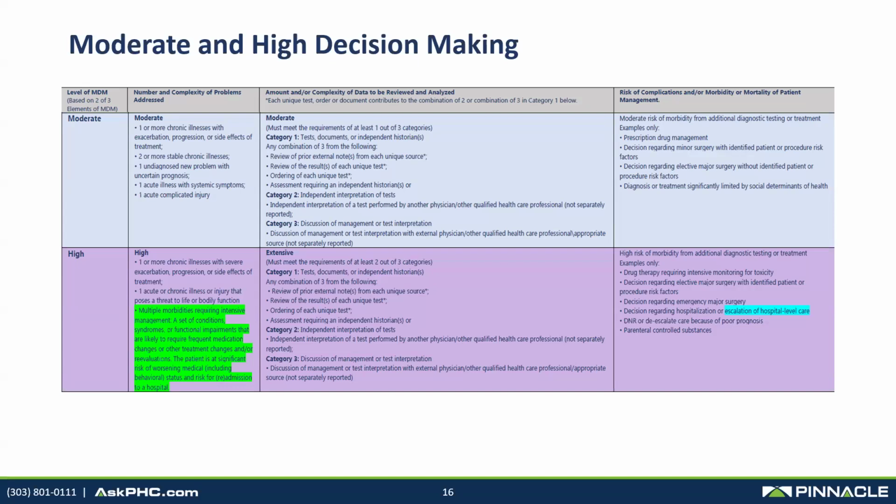The data is the same, and that our high risk of morbidity from additional diagnostic testing, drug therapy that requires intensive monitoring or toxicity, decision regarding elective major surgery with the patient being identified as a procedure risk, decision regarding emergency major surgeries, decision regarding hospitalization or an escalation of that patient to hospital level of care, DNR or de-escalation because of a poor prognosis of that patient, and parenteral controlled substances.